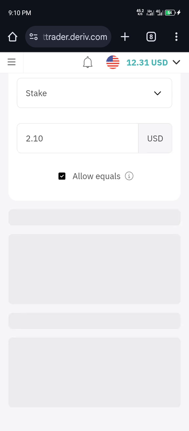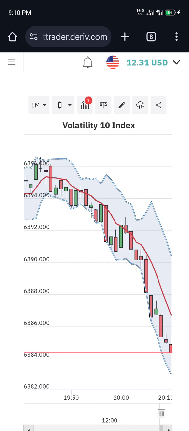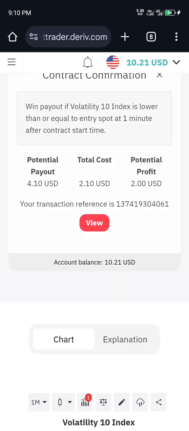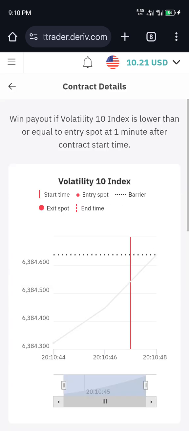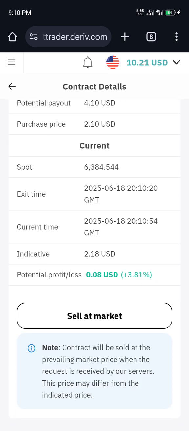At $2.10, this trade is still going down. Okay. If I see $3.80, I'll close it.